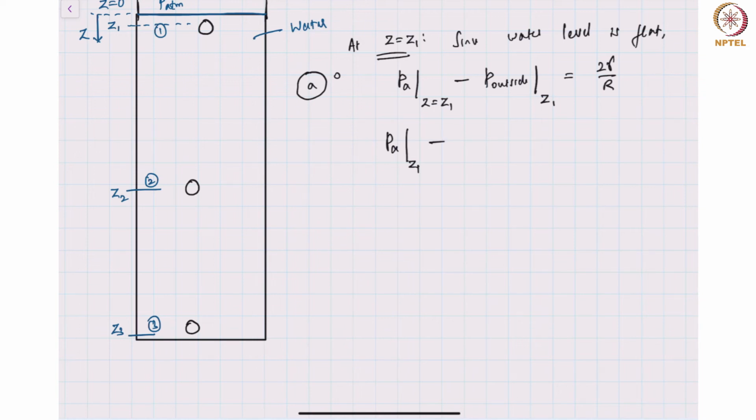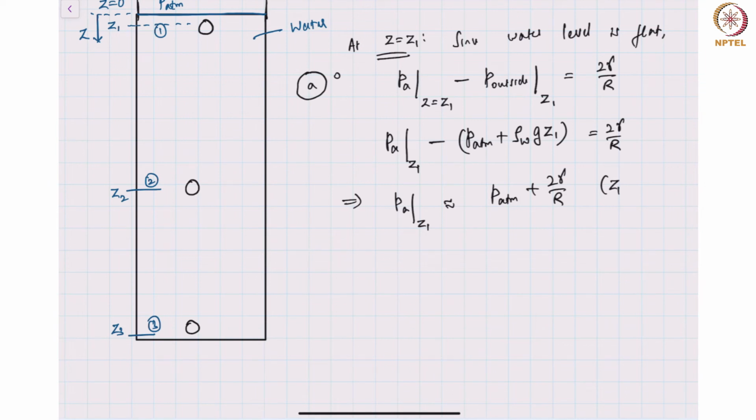That will be P atmosphere plus rho, and we have to be careful that this is the rho of the water, g z1. This will be equal to 2 gamma by r. That's the first case, and I can now say that pressure at z1 is approximately P atmosphere plus 2 gamma by r, because z1 is very, very small. Now let's look at z2.